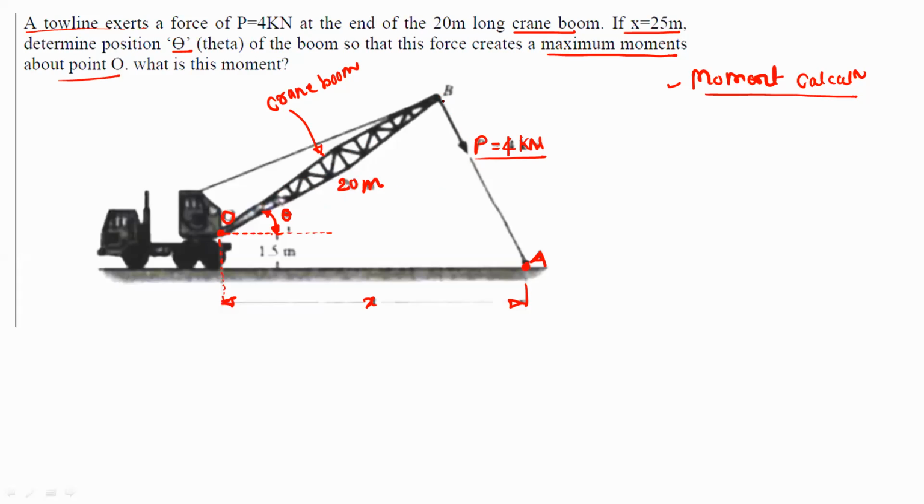And the force in this cable, which is connected to the ground and the end of the crane boom, is equal to 4 kilonewton. So first is, what is the value of the maximum moment?